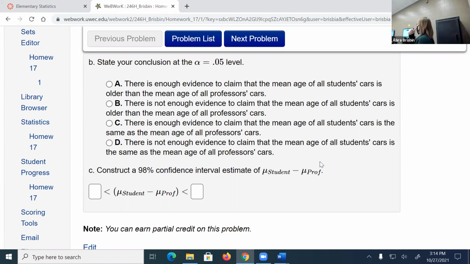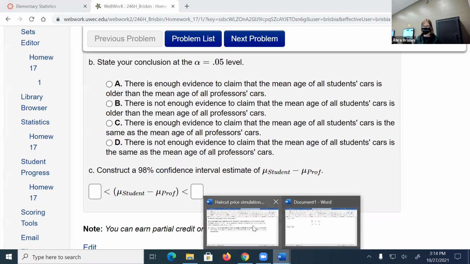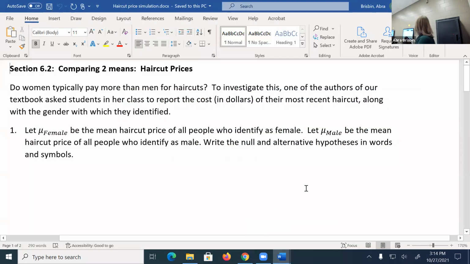All right. I wanted to spend some time talking about the haircut price simulation that we worked on yesterday. Or yes, this was Monday.